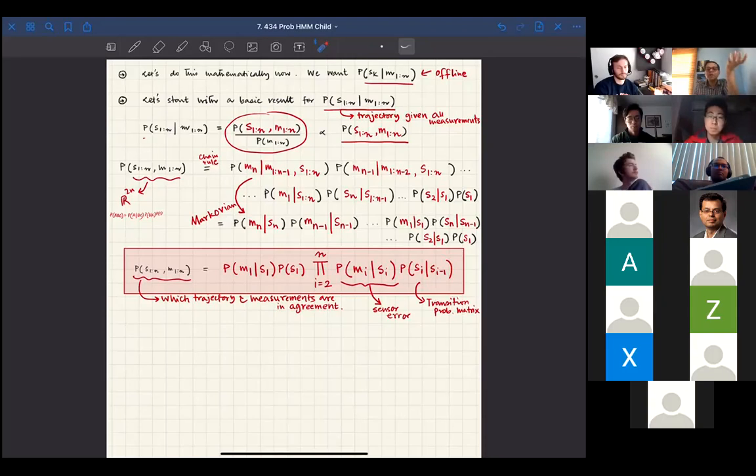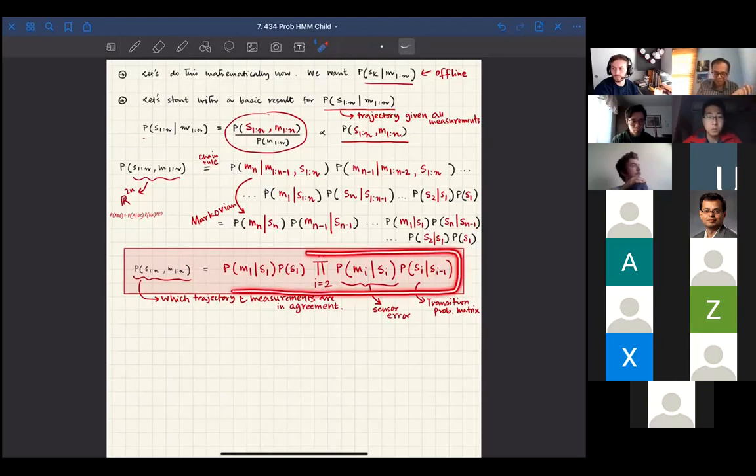And you're saying, what is the probability of that vector given all these measurements that I have made? It's actually very simple. Okay? And then when we broke this up, it turned out that the probability of S1 through N comma M1 through N, that means this trajectory S1 through N and the measurements M1 through N both have happened, that probability turns out to be this.